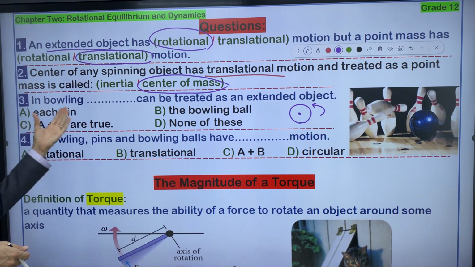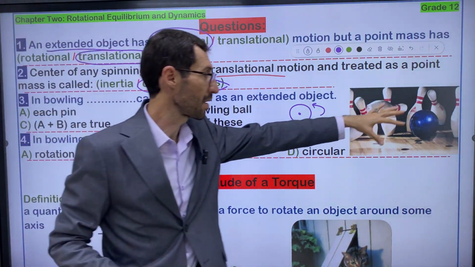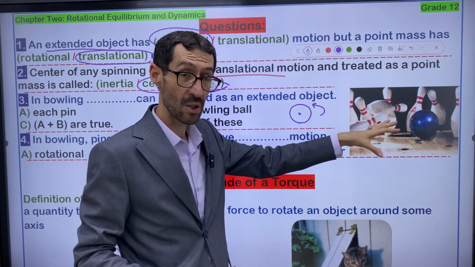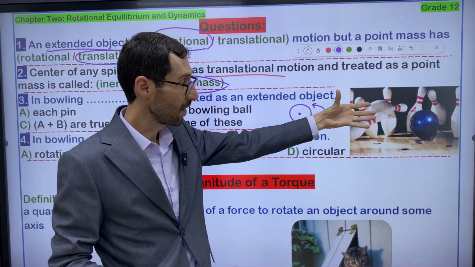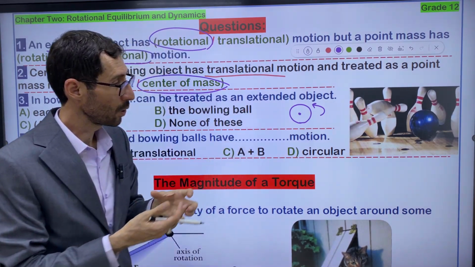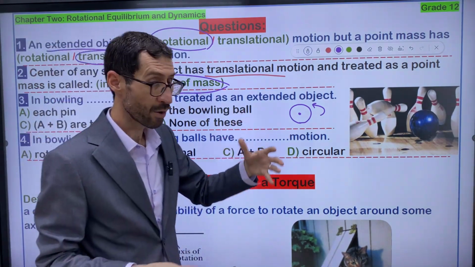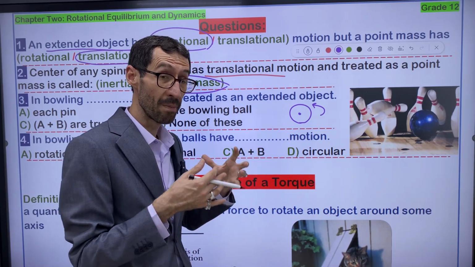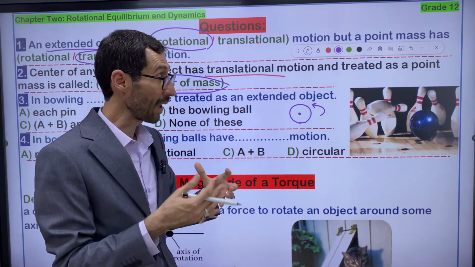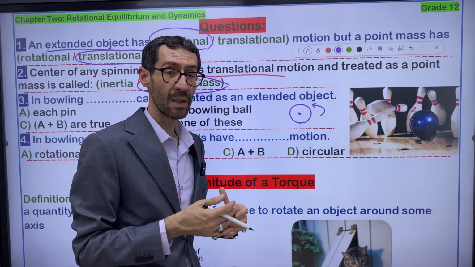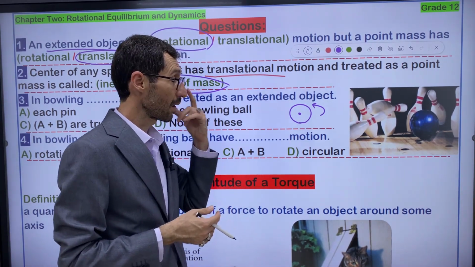Question number 3. In bowling, this is a game. This game is called bowling. There are some pins, and you throw a very heavy ball, which is called a bowling ball, toward the pins, right?